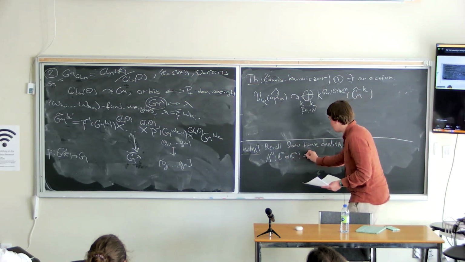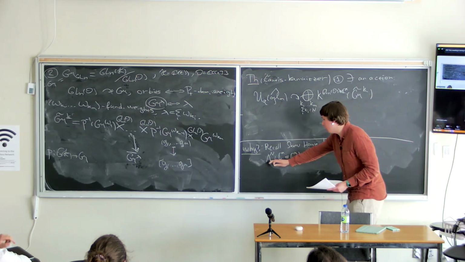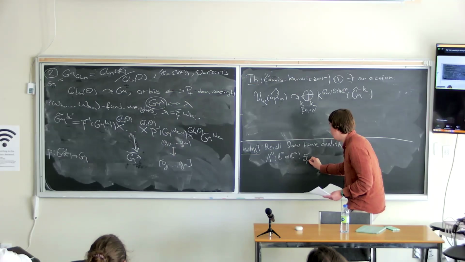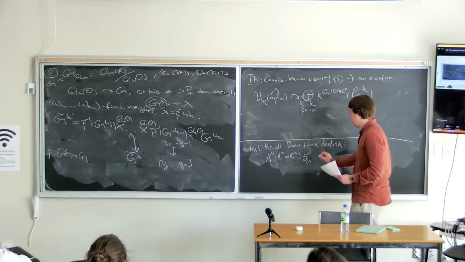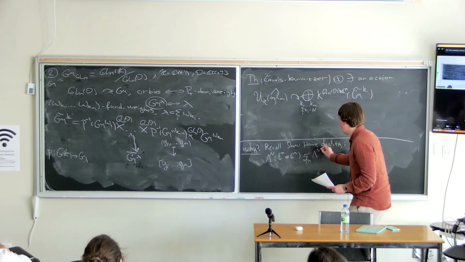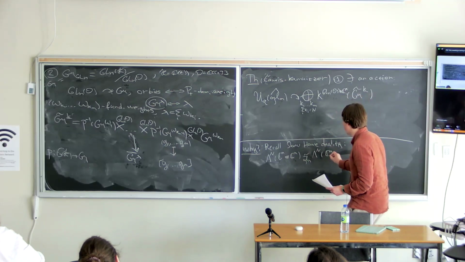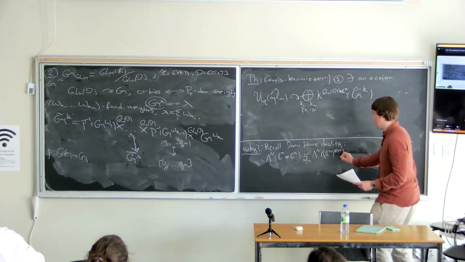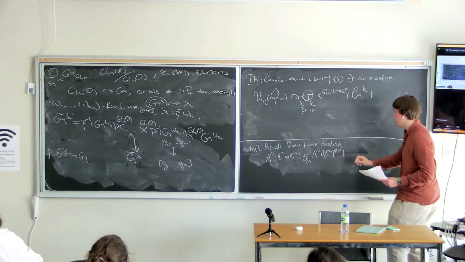But let's wonder what this space is as a GL_N module. Then it's just the exterior power of C^n, the tautological representation, m times.